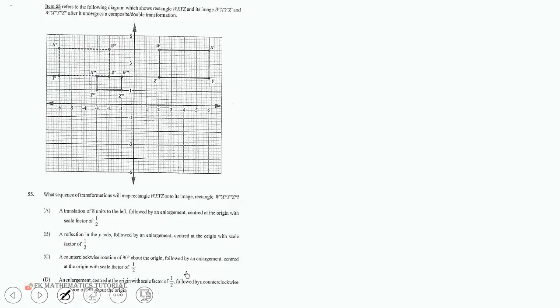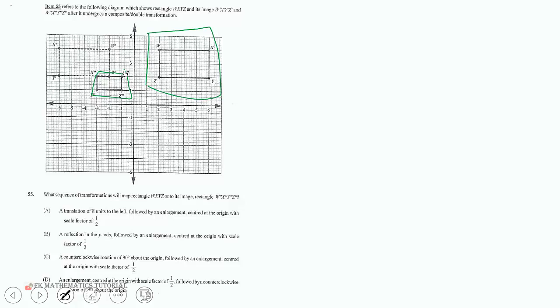What sequence of transformations will map rectangle WXYZ onto its image rectangle W''X''Y''Z''? So we are talking about these two rectangles.